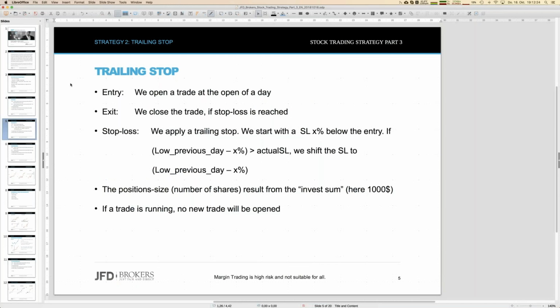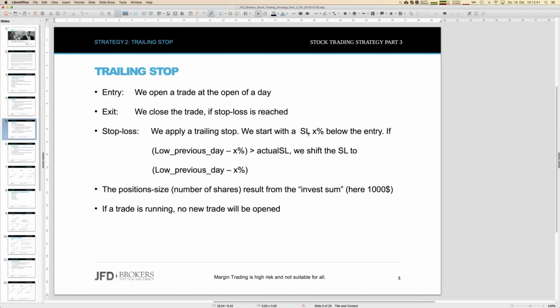The next strategy was just the methodology, trailing stop, which means we open a trade, and that trade gets a stop loss. And that stop loss is X% below our entry.